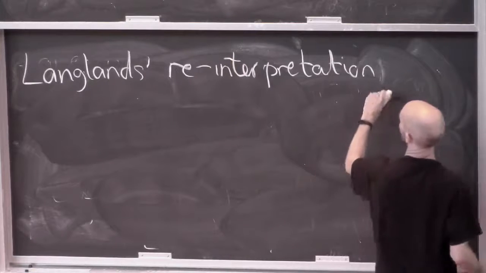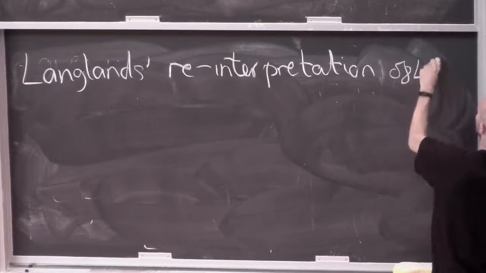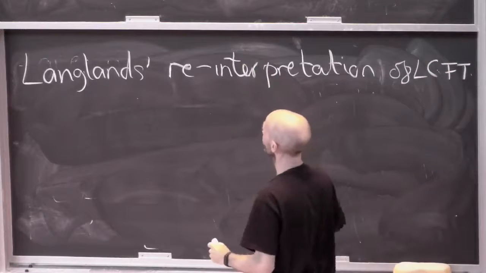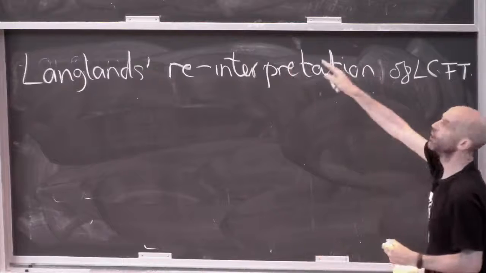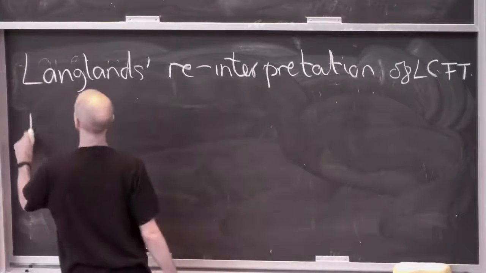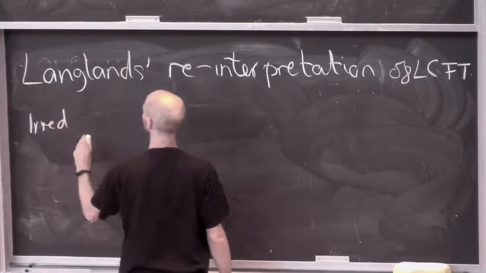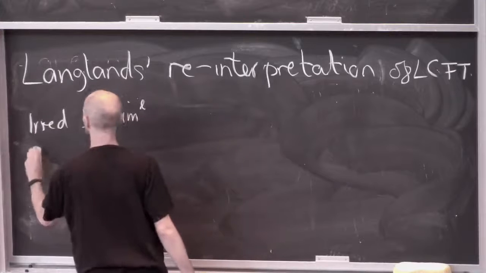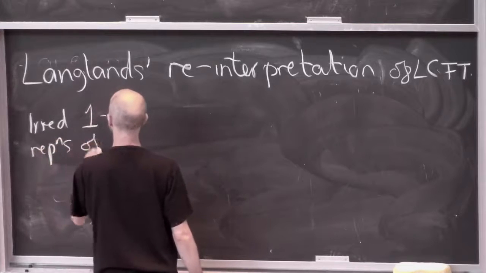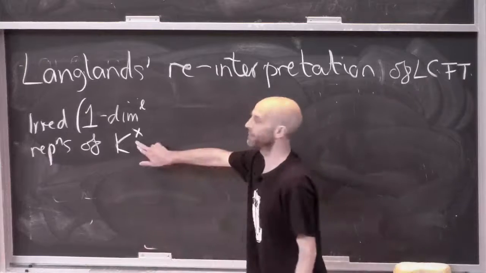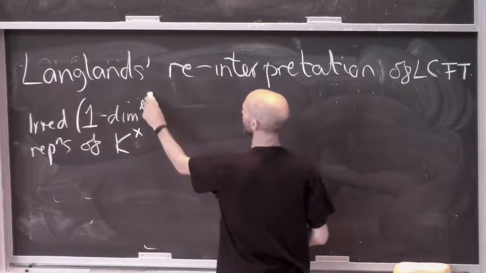So this is Langlands' reinterpretation of local class field theory: these groups are isomorphic, so their representations are isomorphic. So irreducible one-dimensional representations of K star, and if you think about it, irreducible representations of an abelian group are kind of always one-dimensional, right?